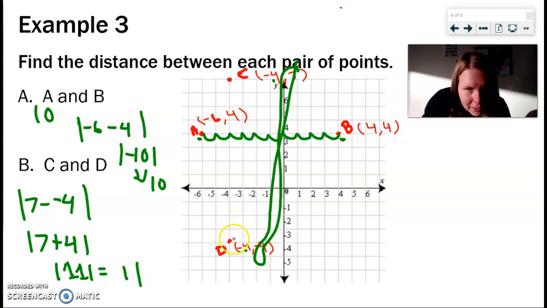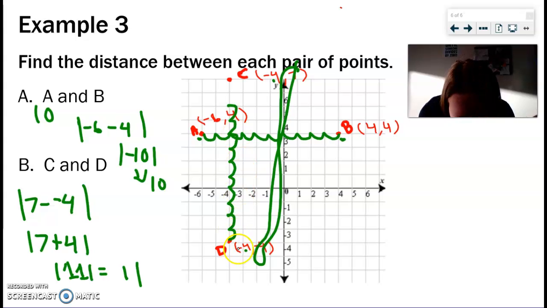But I could also sit here and go, okay, 1, 2, 3, 4, 5, 6, 7, 8, 9, 10. Oh, did I not do this right? Did I count this wrong? 1, 2, 3, 4, 5, 6, 7, 8, 9, 10, 11, 12.